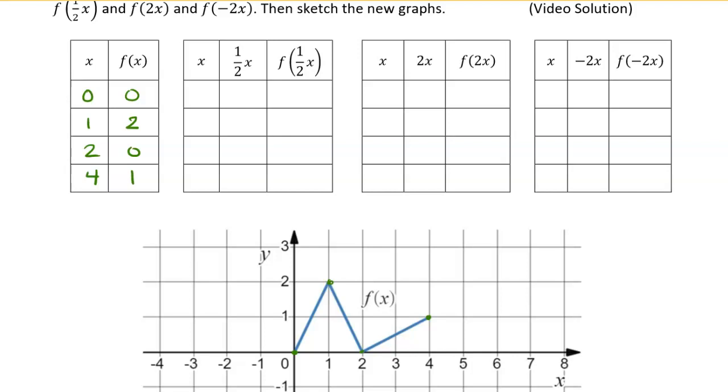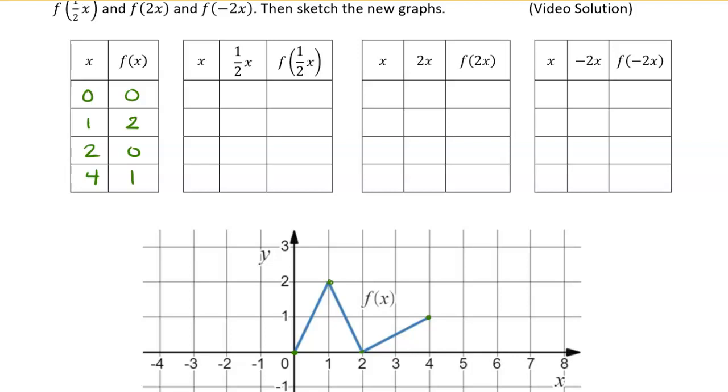All right, so that is the basic input and output for f of x. So we're going to look now at f of 1/2 x. Now the input to f is 1/2 x.